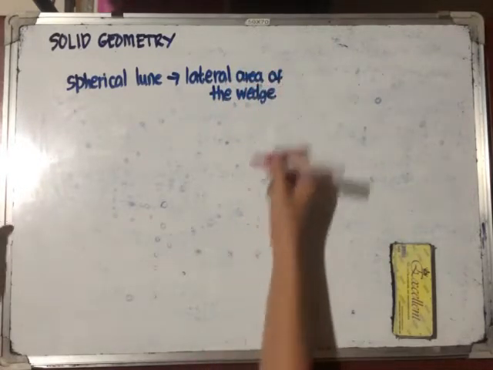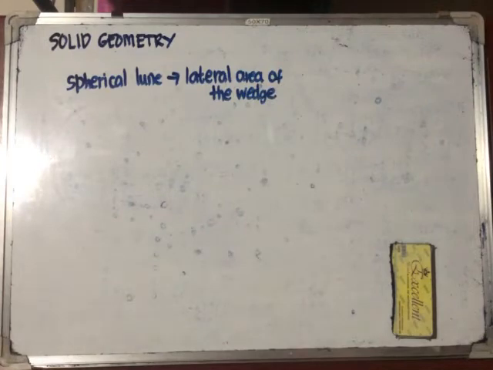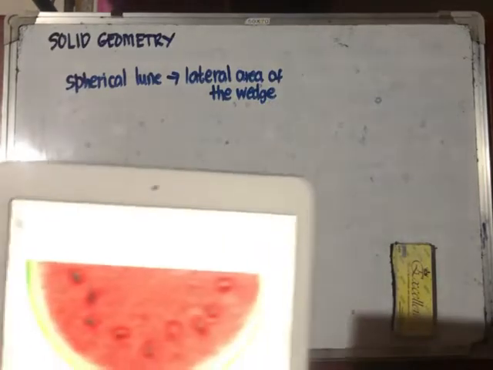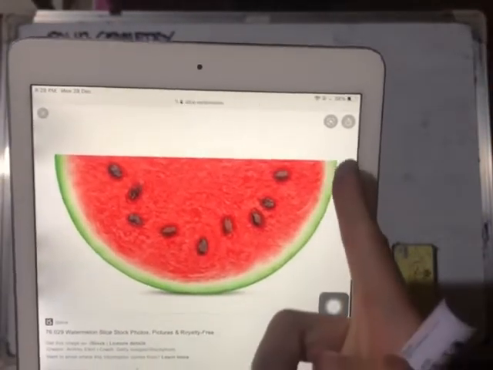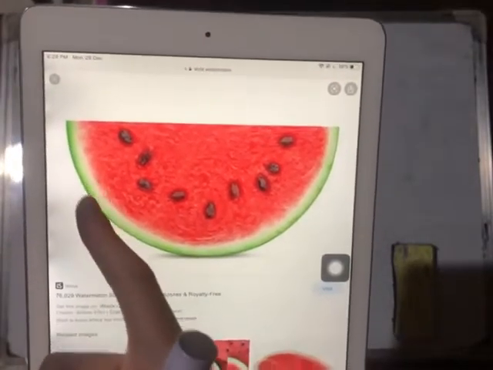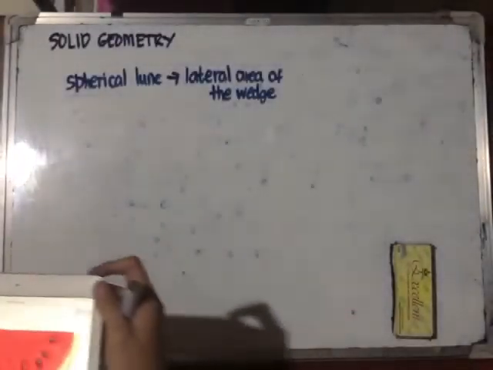From our previous problem, you can recall we're talking about the watermelon, no? Watermelon, this is again how it looks like when you see a wedge. And spherical lune is the green portion. Okay, that's the lateral area. Yan.